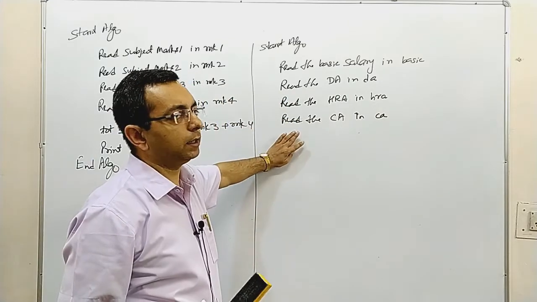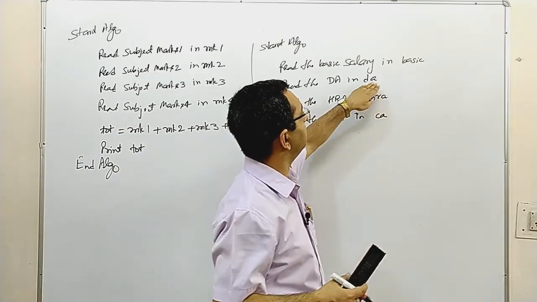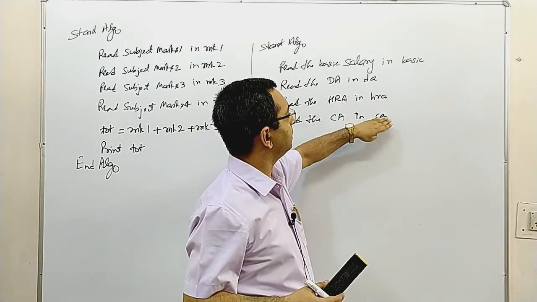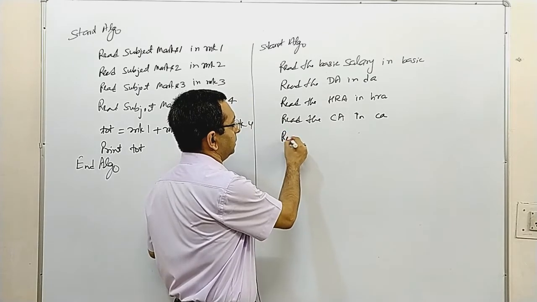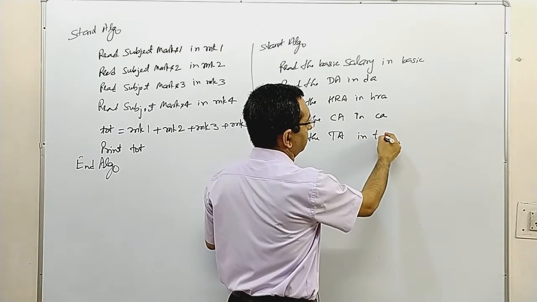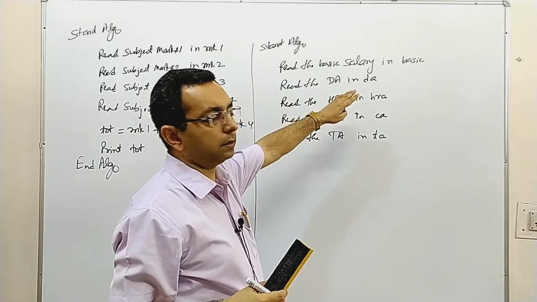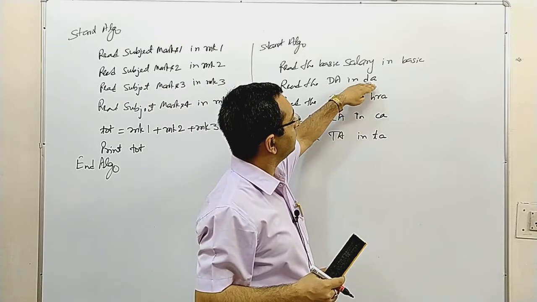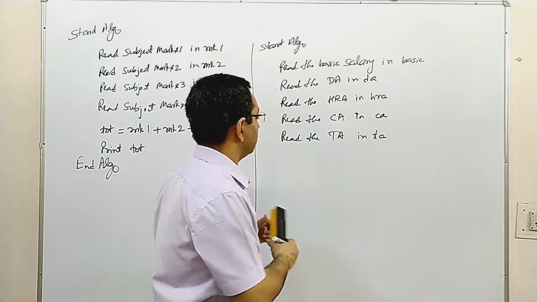Now we have to calculate gross salary. So gross salary is the addition of basic salary, DA and HRA, CA, and one more, TA, traveling allowance. Read the TA in TA, traveling allowance. So basic salary will be added to DA, HRA, CA and TA, and the result will be the gross salary.